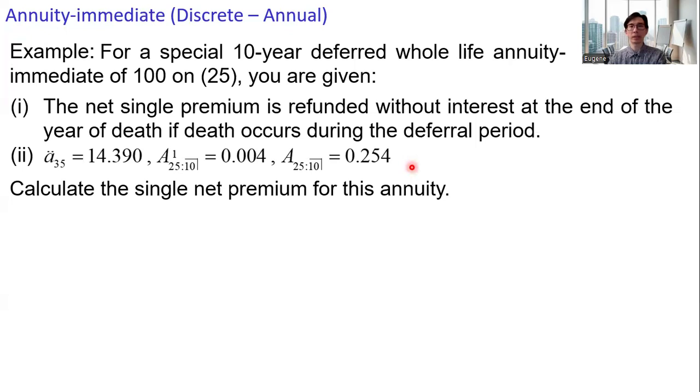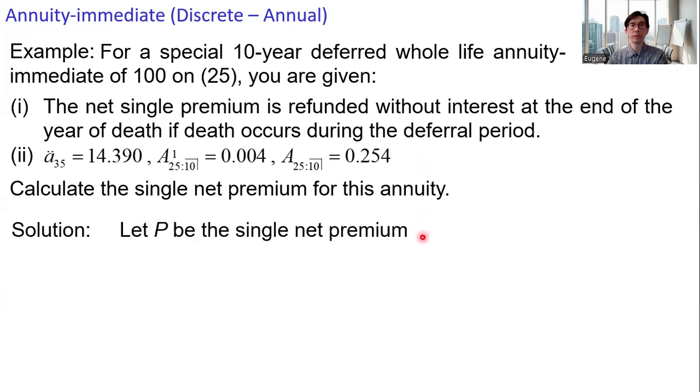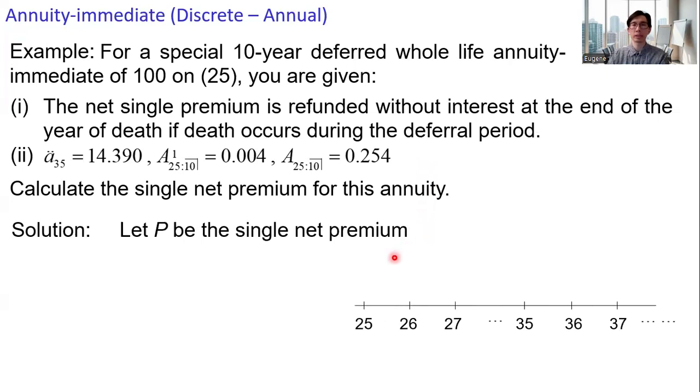So here the single net premium is equivalent to the actuarial present value. Let P be the single net premium. Establish a time diagram. All right, during the deferral period, the premium is refunded. So you may consider this as a death benefit.